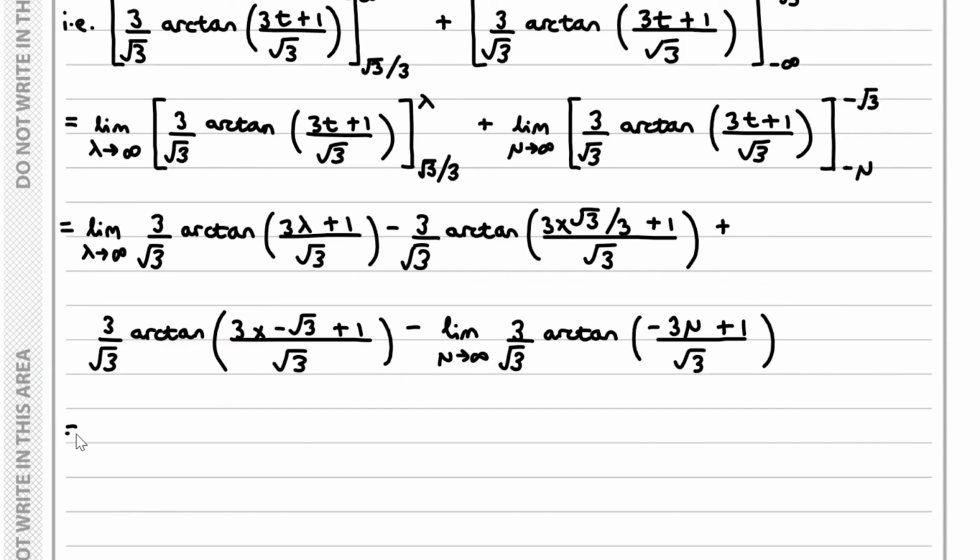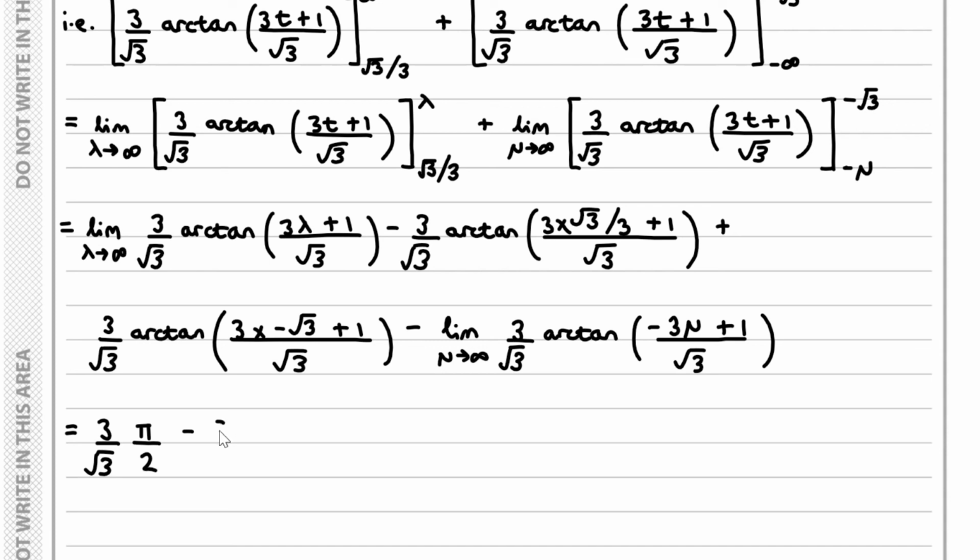But if we work all of this out, well, here, as lambda tends towards infinity, we have the arctangent of infinity, which is just pi over 2. So we've got here 3 over root 3 times pi over 2. So that's this term here.